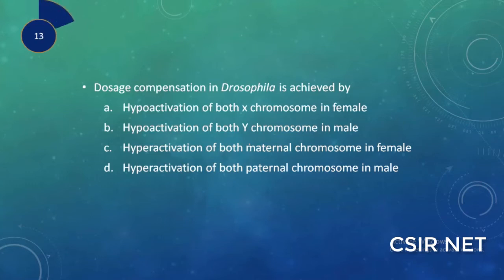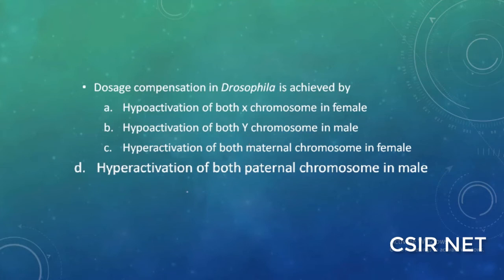Once again I am repeating the question. Dosage compensation in Drosophila is achieved by. And these are the four options. Read carefully. Don't make mistakes. And the answer is hyperactivation of both paternal chromosomes in male.